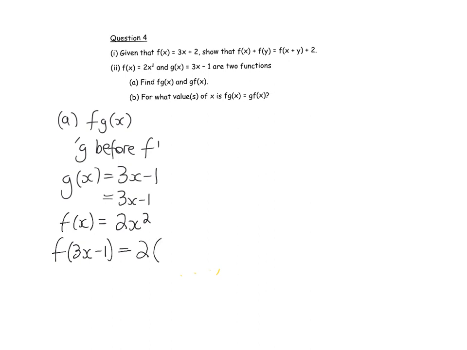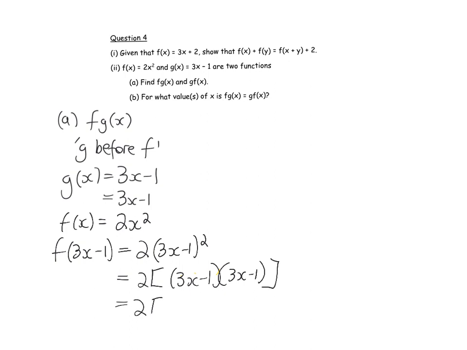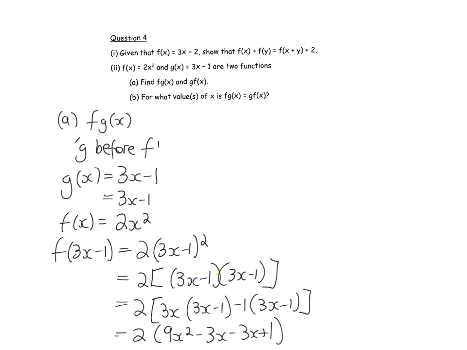So that's 2 times 3x minus 1 squared, which is 2 times 3x minus 1 times 3x minus 1, which gives us an answer of 2 times 3x minus 1 times 3x minus 1, which gives us 9x squared minus 3x minus 3x plus 1.